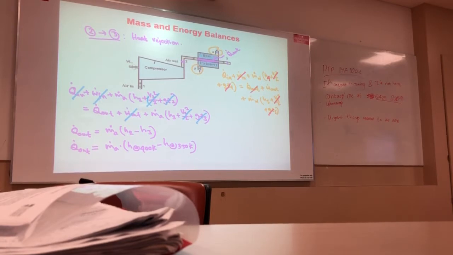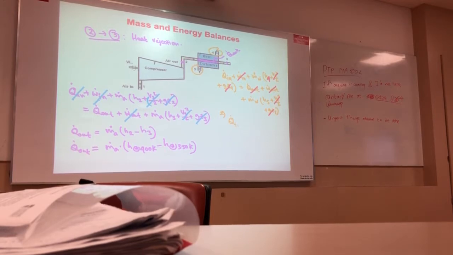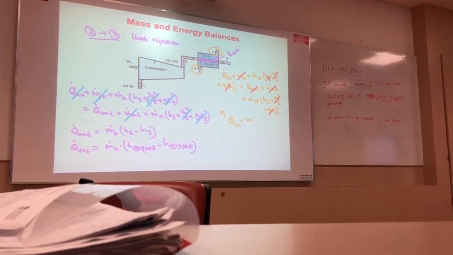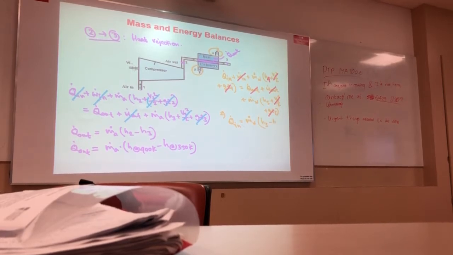Q out no. W out no, right? Then I can write Q in becomes m dot water H5 minus H4. What is H5?